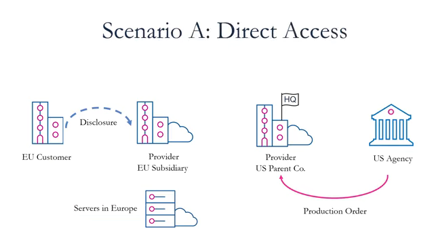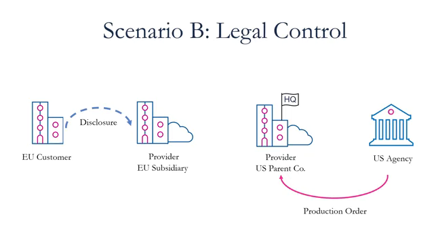So when it comes to complying with that order, the provider has essentially two options, right? It might be that the US parent company has direct technical access to the servers in Europe, right? In that case, if they have remote access, they can simply access the data directly and hand it over to the US government. In another scenario, they might not have that technical access privilege, right?